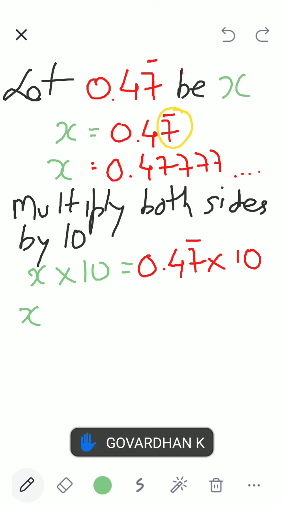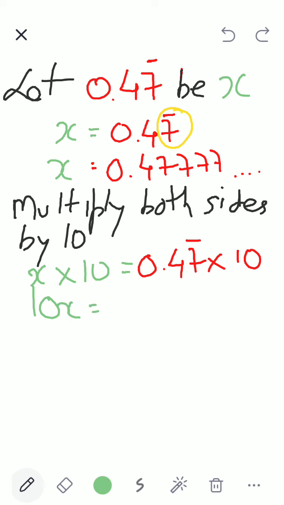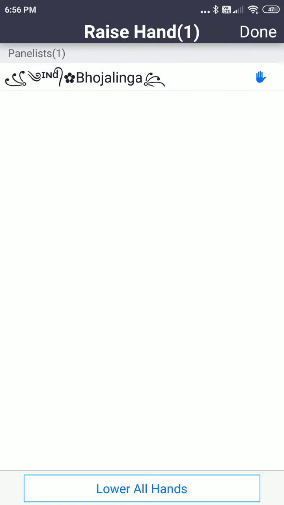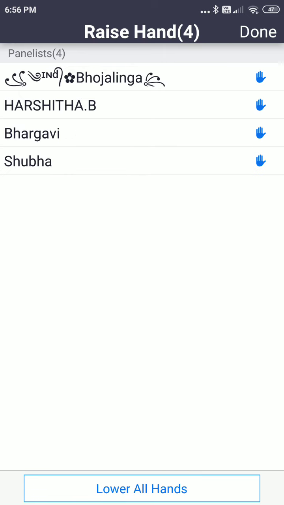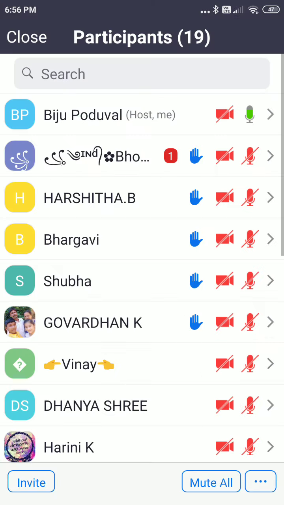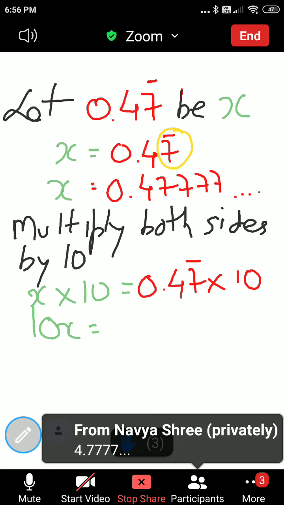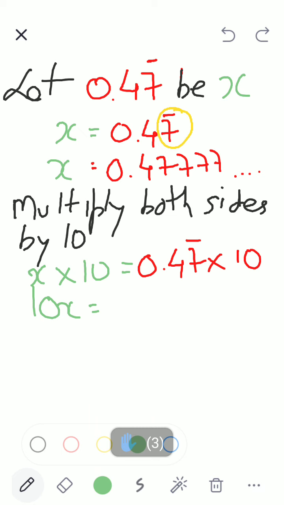x into 10 can be written as 10x. What is 0.47 recurring into 10? Who can raise the hand and tell me? No, I want new answers. I want new people to answer. Same children are answering again and again. Yes, Bhargavi. Yes, it becomes 4.77.